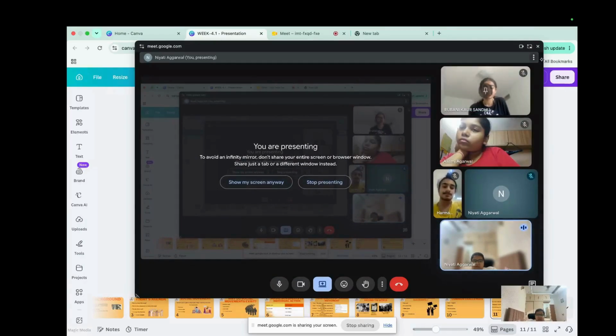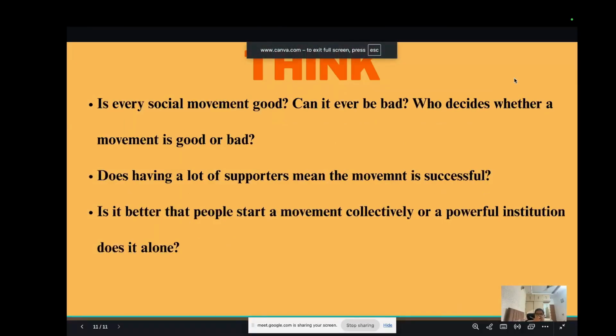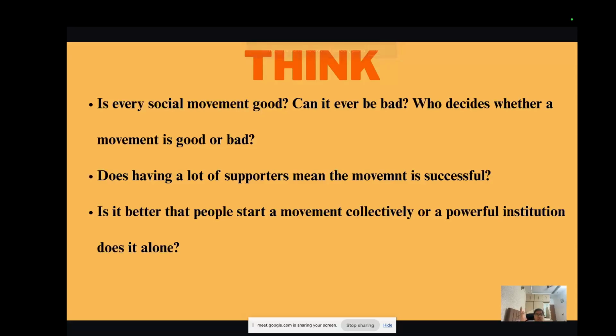Okay. Agreed with all of you. So again, I think we had really opposing views over here, because Abir started with how small movements generally do not mean that they are successful, because governments can suppress them easily. Rubani also said that small movements mean that a lot of people are on their side as well, but at the same time they are still at a higher risk of getting suppressed by higher authorities, as opposed to what Asmi said, that if a lot of people know about a particular movement, it means that a lot of people appreciate the cause that is happening there.